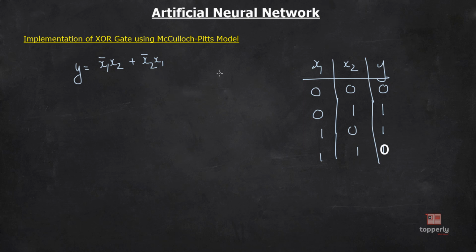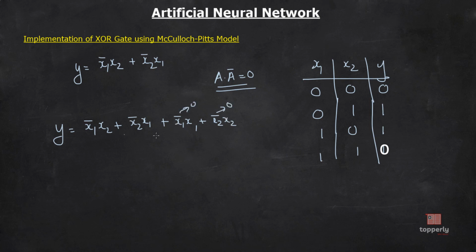Now we know the Boolean expression a dot a bar is equal to 0, right? Therefore, using the same logic, I will rewrite this equation. Y equal to x1 bar x2 plus x2 bar x1 plus x1 bar x1 plus x2 bar x2. See, these two terms are 0.